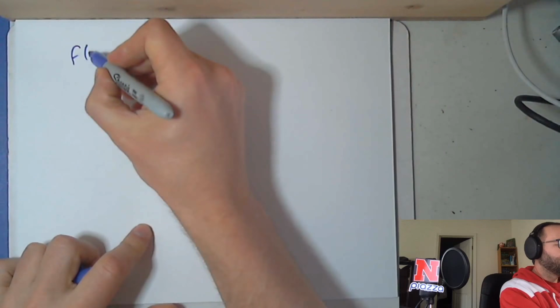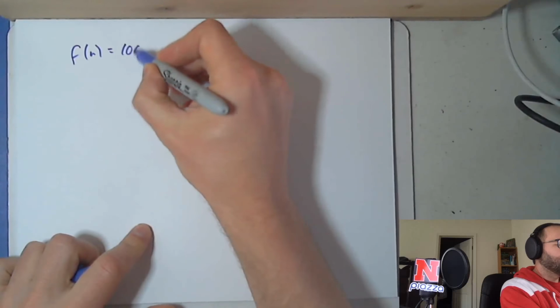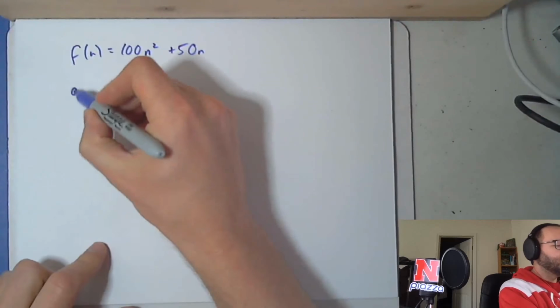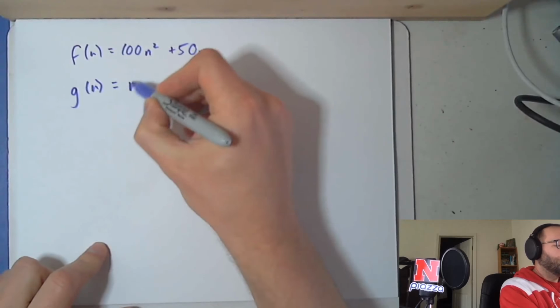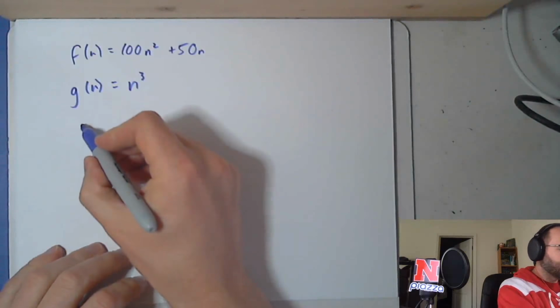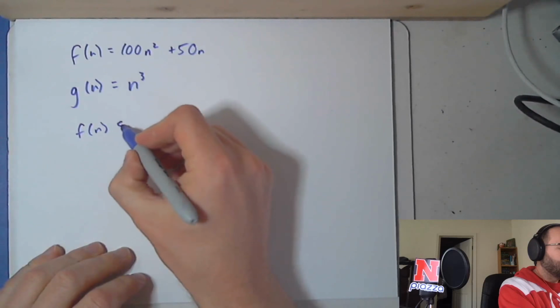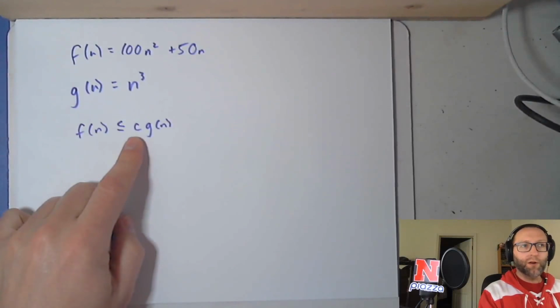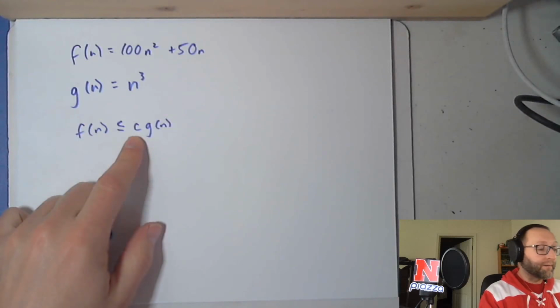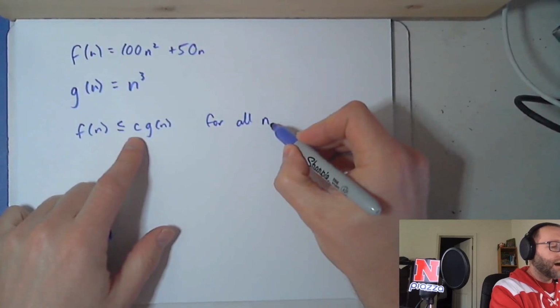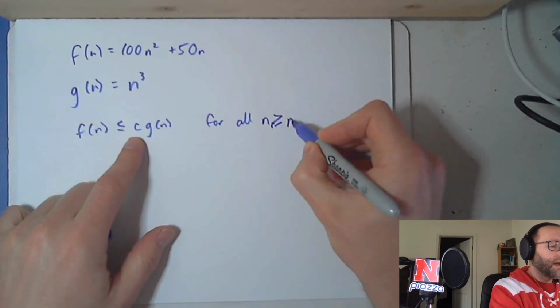Right? So again, we've got f of n is 100 n squared plus 50n, and g of n is n cubed. And I want to do the exact same thing as before. I want to establish that f of n is less than or equal to c g of n, but I'm not fixing c anymore. c is going to be the variable that I need to find for all n greater than or equal to n not.